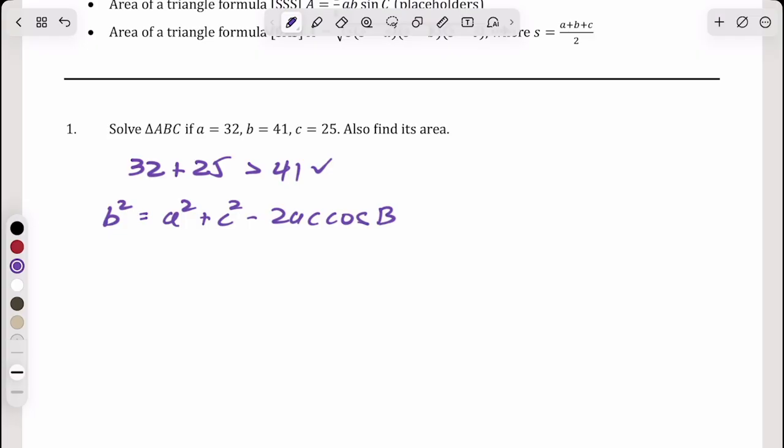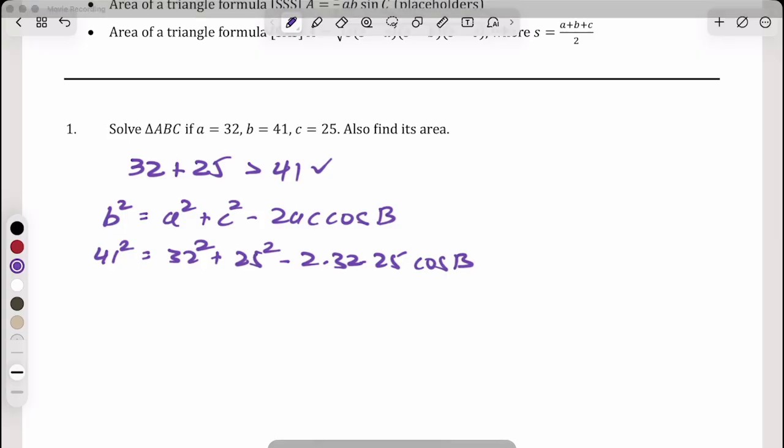So let's plug in: 41 squared equals 32 squared plus 25 squared minus 2 times 32 times 25 cosine of B. All right, so we'll plug in some numbers here.